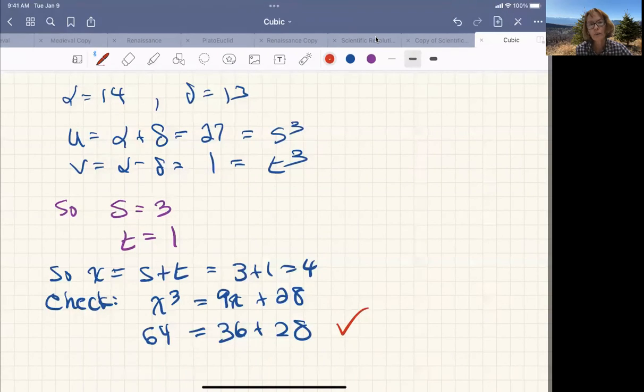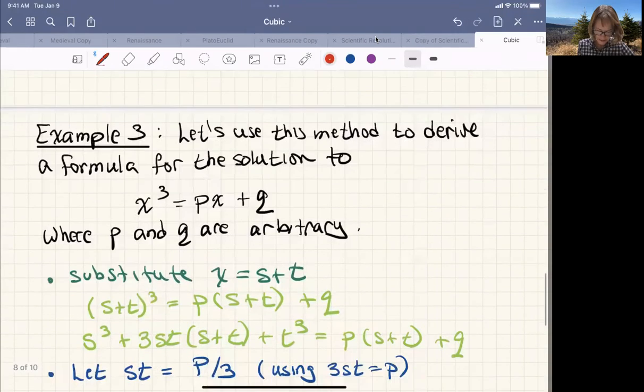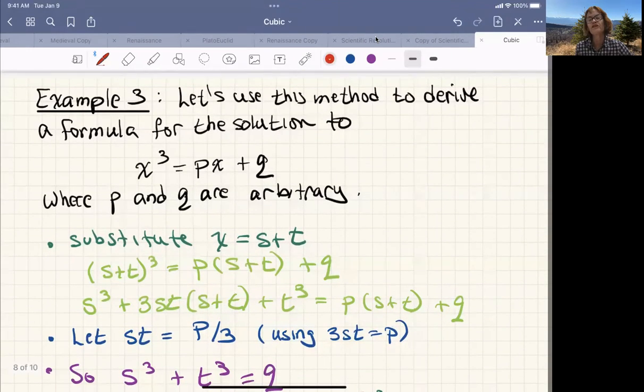So now finally, what I'd like to do is look to see how we can take this method and generate a general formula for solving equations of this type. So let's say that we have a general equation, x cubed is something times x plus something. So instead of having fixed numbers like we had in the previous example, we're going to just assume that these are arbitrary.